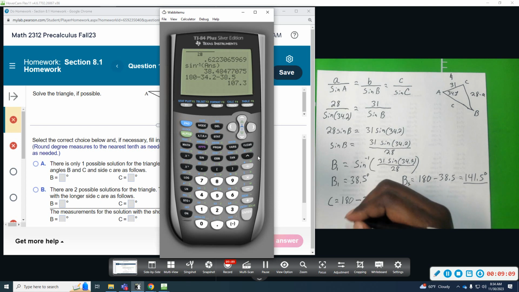That gives us 107.3. So C is 107.3 degrees. That's angle C.